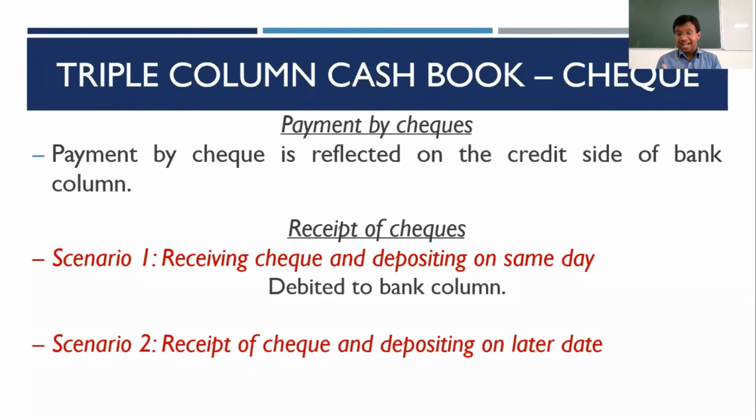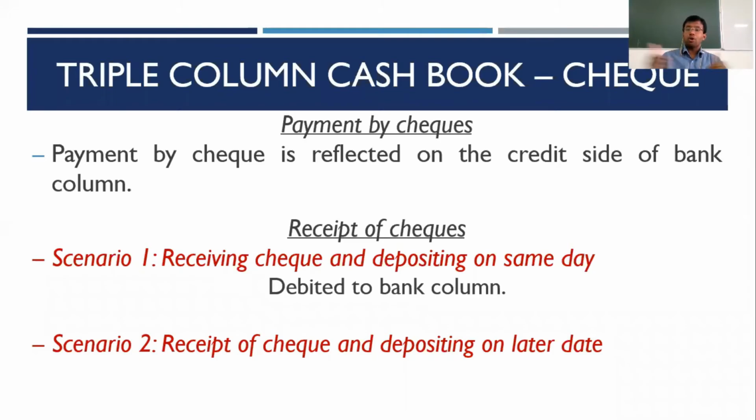Then you have scenario two. The second scenario is you're receiving the check, but you're depositing the check on a later date. So instead of visiting the bank every day, you decide to visit at a regular interval. It might be once in a week, once in 2 weeks, or once in a month.